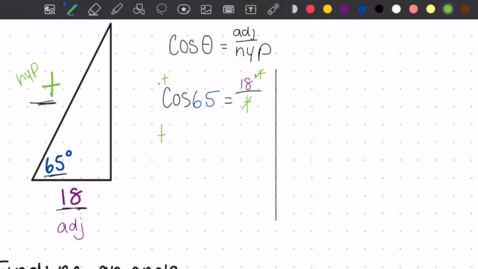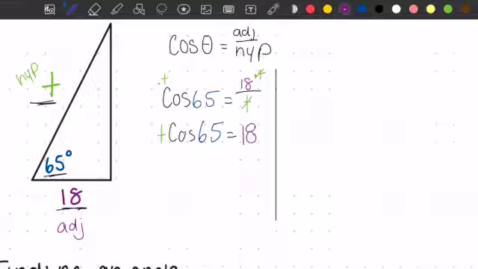And then I would end up with t cos 65 equals 18. I still need t by itself because I need to solve for my unknown.